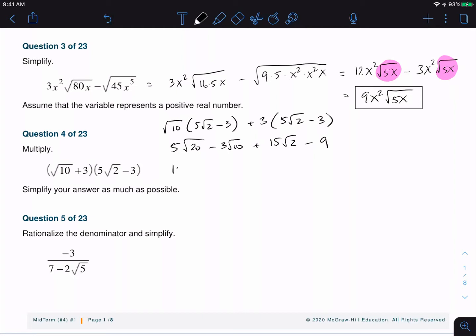So 5 times 2 is 10. Square root of 5 minus 3 radical 10 plus 15 radical 2 minus 9. And that should be our answer for this problem. We can't simplify any further because the roots are not the same.